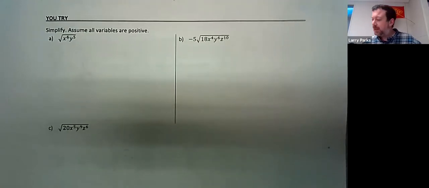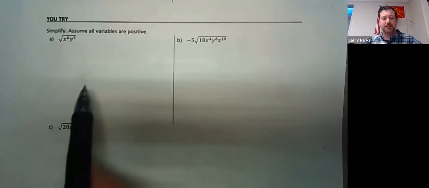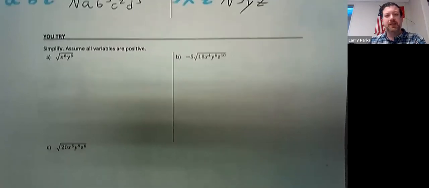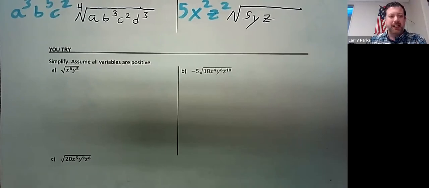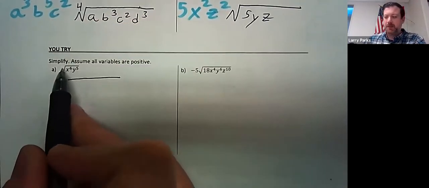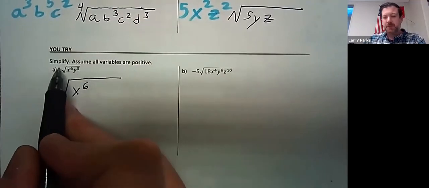I don't have time to do every example, but notice all of these have the index of 2. Actually, we have time to finish. So real fast, when you get the hang of these after a while, 6 is divisible by 2, so you leave it alone. 5 is not divisible by 2.